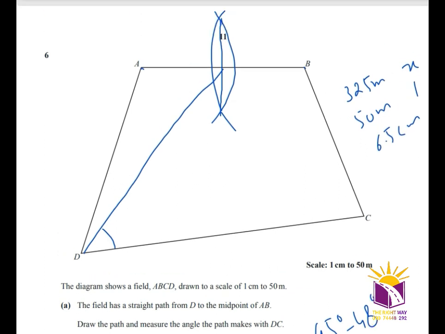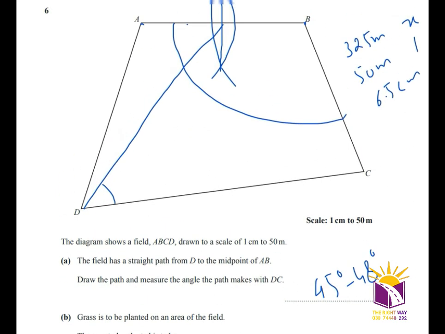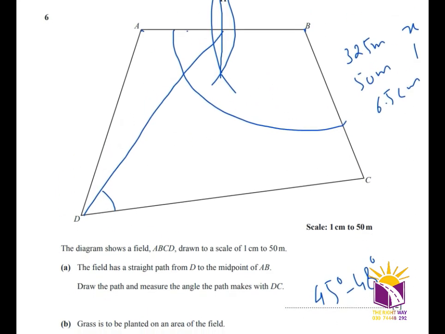Now I am going to draw a circle from point B with the help of a compass by opening the compass 6.5 centimeters, and it will be something like this. And the second point says nearer to CB than CD. For this I have to draw an angle bisector.